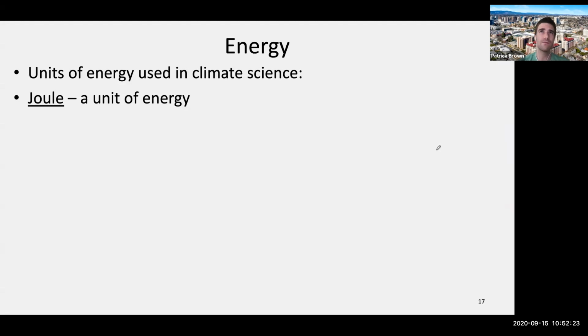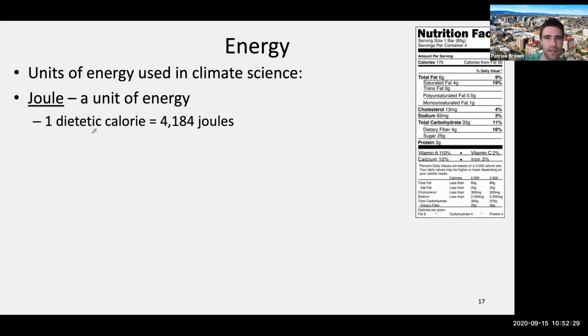But it's the same as units of energy that we're more familiar with, like a calorie. The calories that you see on food labels are units of energy as well. And so you can just convert these. One dietetic calorie happens to be equal to 4,184 joules.